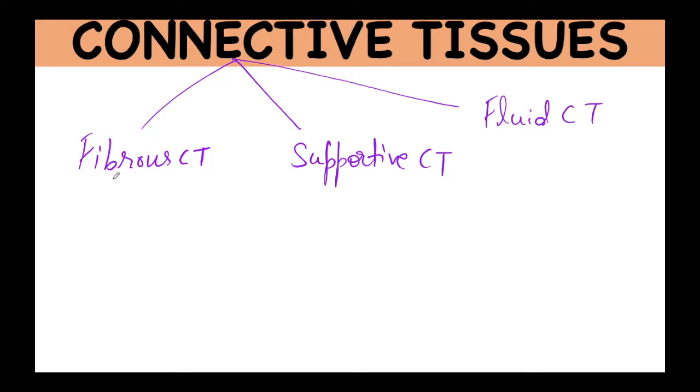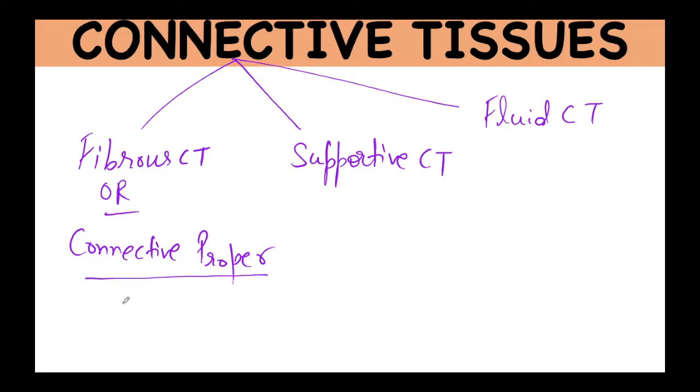Fibrous connective tissues are also known as connective proper. And fibrous or connective proper, they are divided into two main types: dense connective tissues and loose connective tissues.